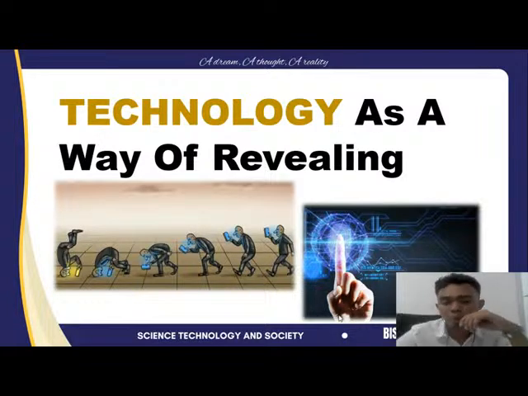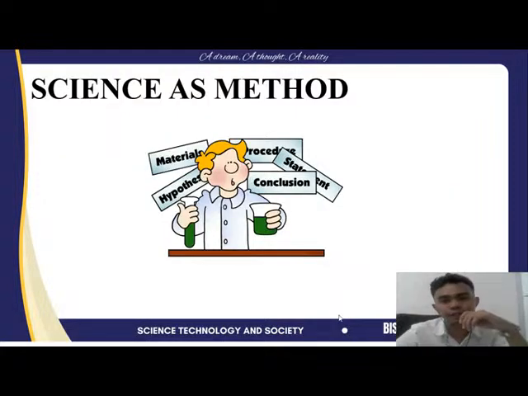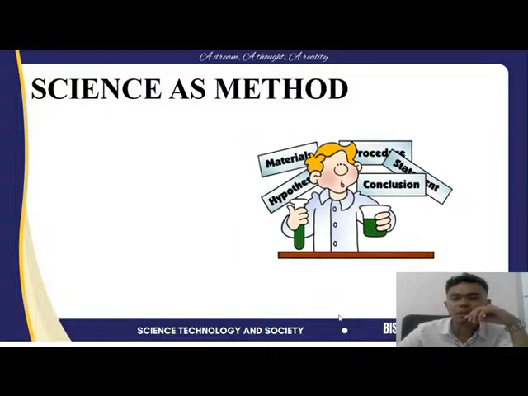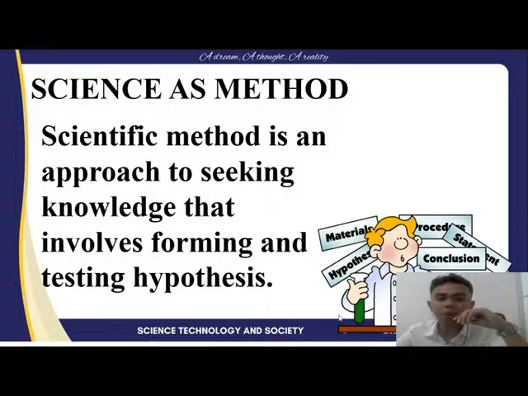And that is what we call the scientific method, or science as a method. Science is an organized way of studying things and finding answers to our questions. And when we say scientific method, on the other hand, it is an approach to seeking knowledge that involves forming and testing hypotheses.